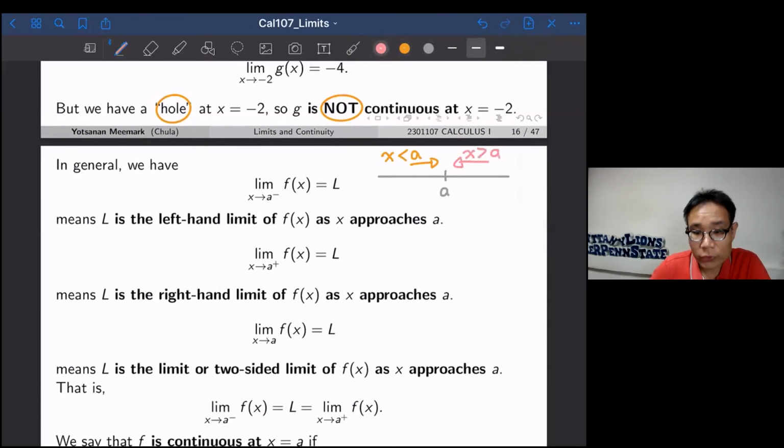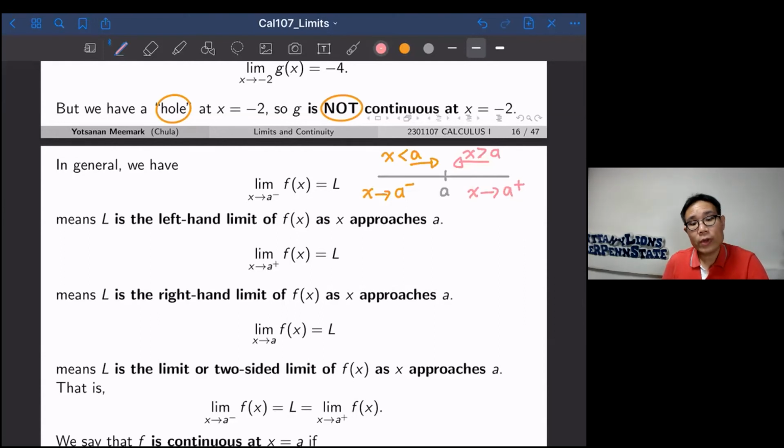So you have two sides, and on the left side you use the notation x goes to a from the left. On the right side you have x goes to a from the right.